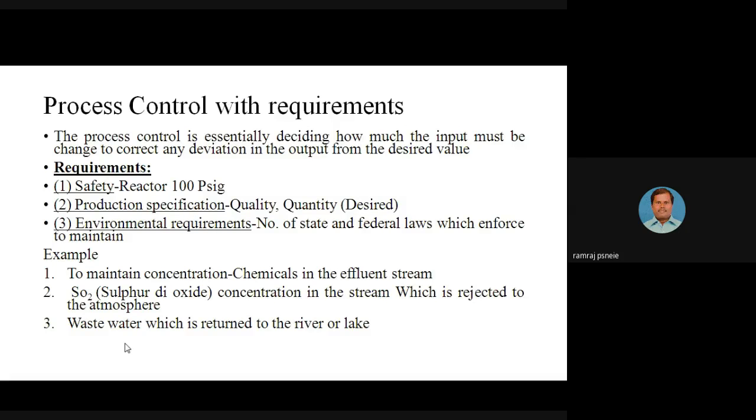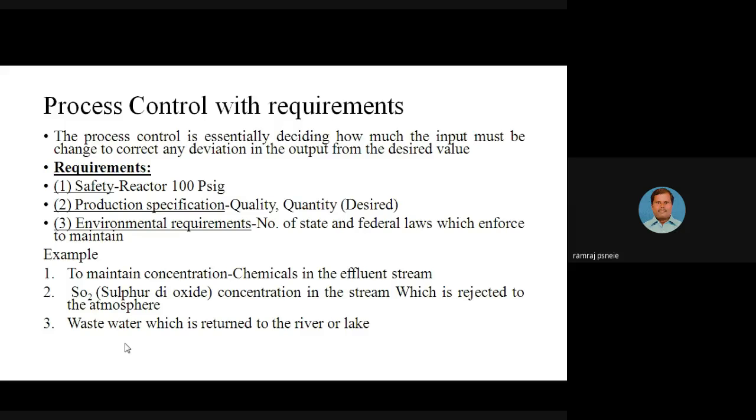What is the necessity or requirement of process control? The process control is essentially deciding how much the input must be changed to correct any deviation in the output from the desired value. The process is taking input. According to that input, the process is giving output.